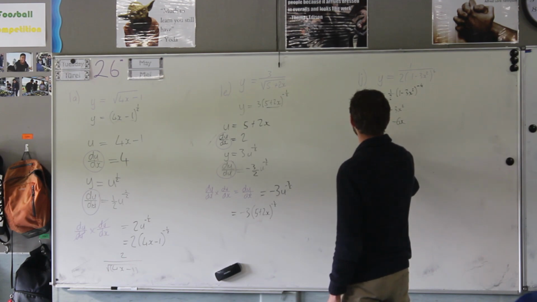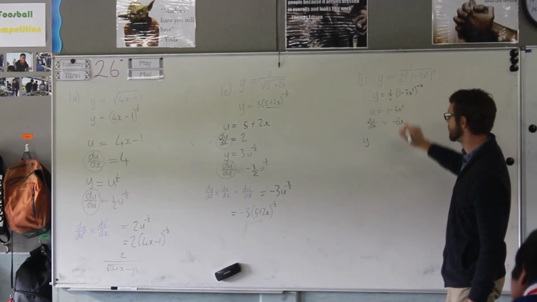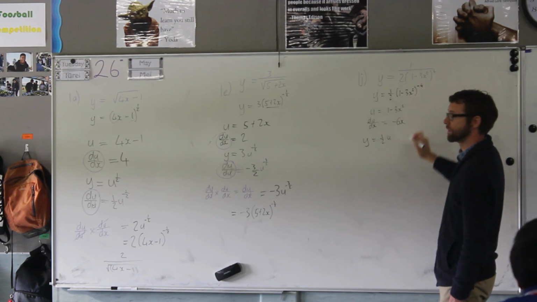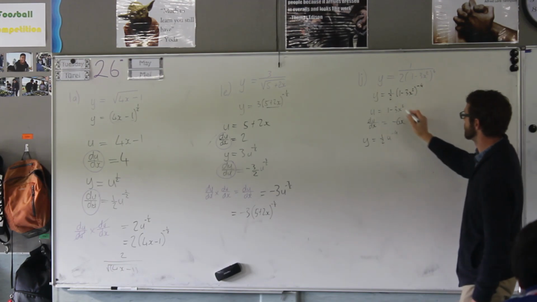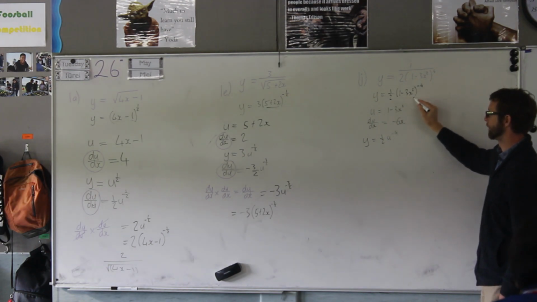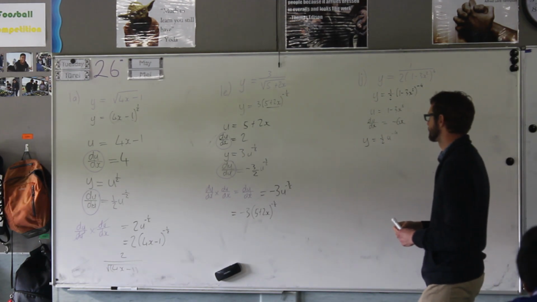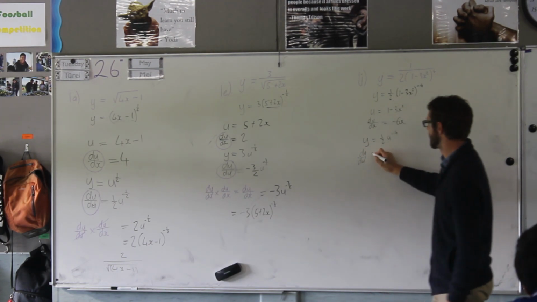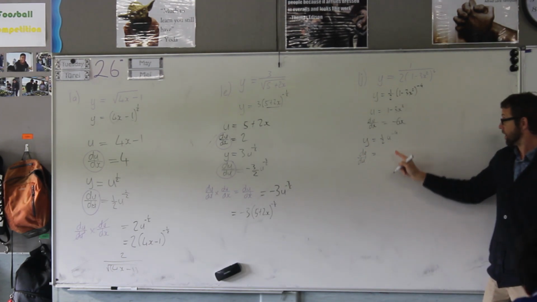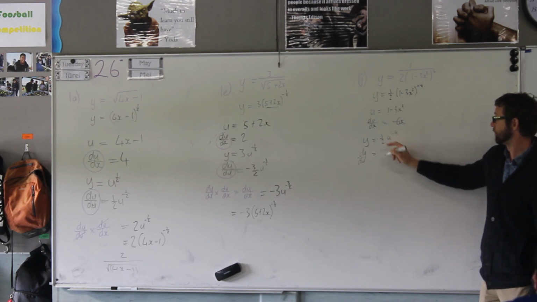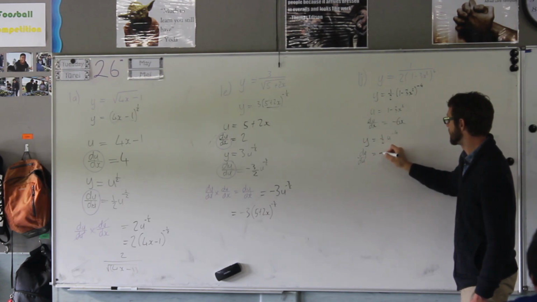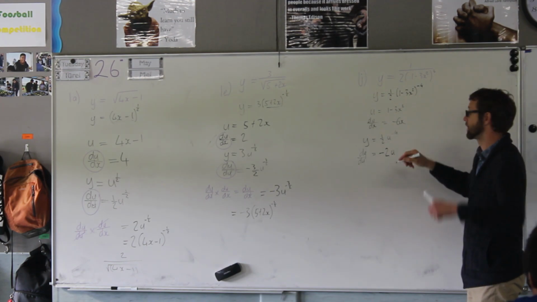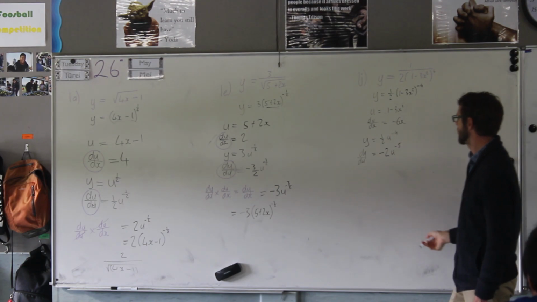Okay, next step is y. Instead of having this bit here, we're going to replace it with u. So y equals 1/2 u to the minus 4, since u is this bit here. Next step is dy du, and this gives us minus 4 over 2, which is negative 2, u to the minus 5.